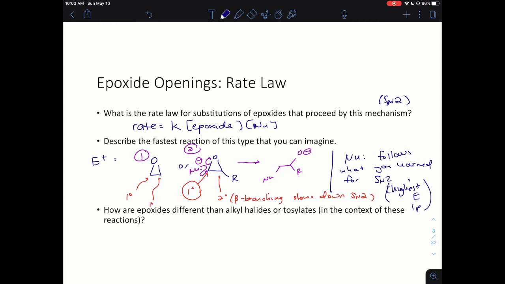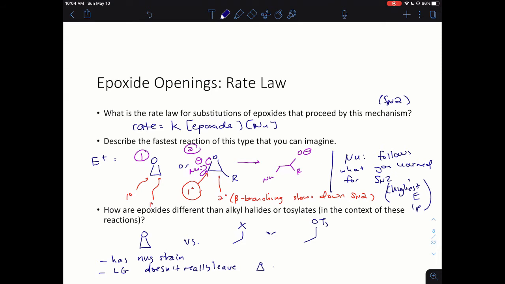All right, finally, how are epoxides different than alkyl halides or tosylates in the context of these reactions? So an epoxide versus an alkyl halide or a tosylate, what do we think here? Well, the epoxide has ring strain. When the epoxide is opened, the leaving group doesn't really leave.